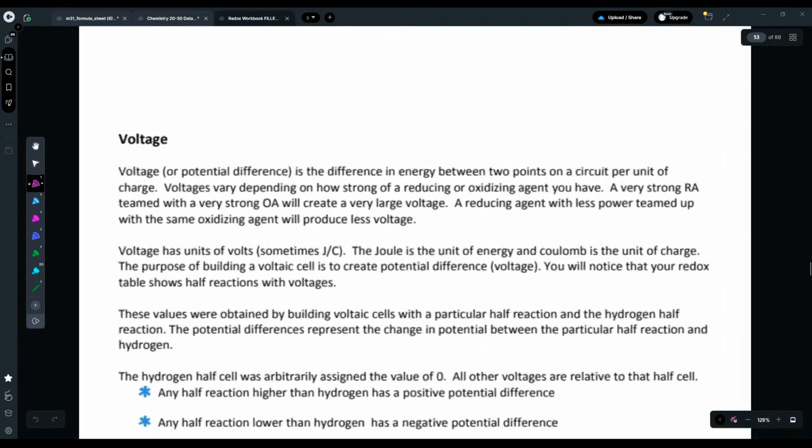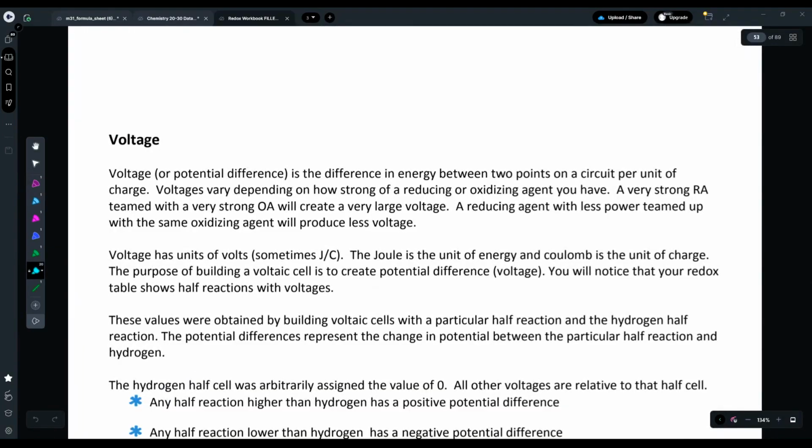So voltage, what is that? All it is is the difference in energy between 2 points on a circuit per unit of charge. So voltage is sometimes called potential difference. Voltages can vary depending on how strong of a reducing or oxidizing agent you have. If you have a very strong reducing agent teamed up with a very strong oxidizing agent, you're going to get a pretty big voltage.